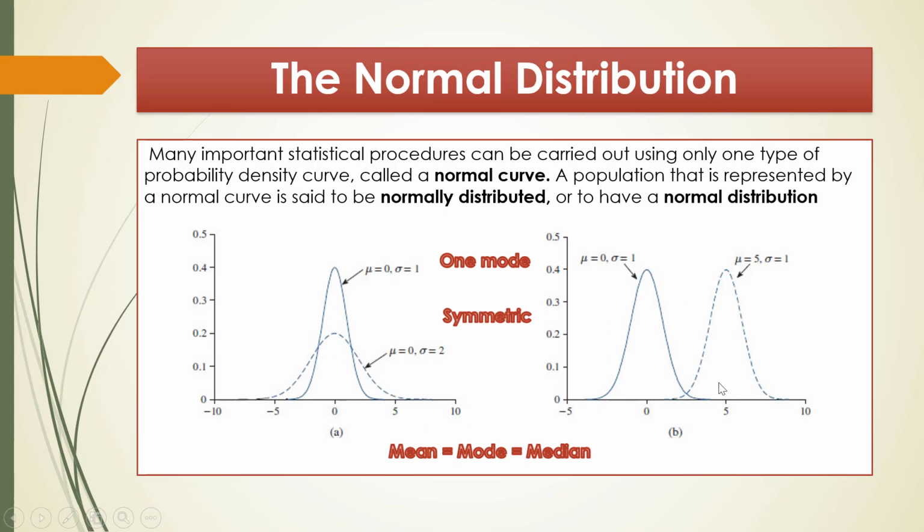On the second picture, you see that one curve can be shifted to a different center, not necessarily at 0. So the shape of a normal curve again depends on two parameters: the location parameter, the mean, and the scale parameter, sigma.